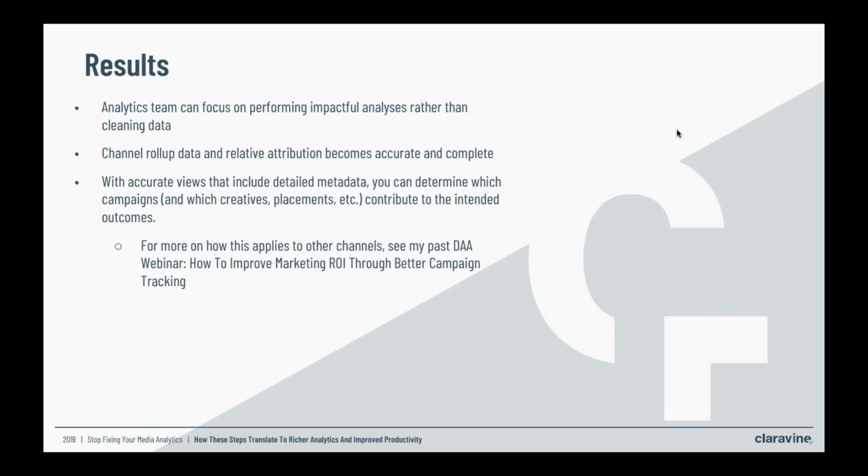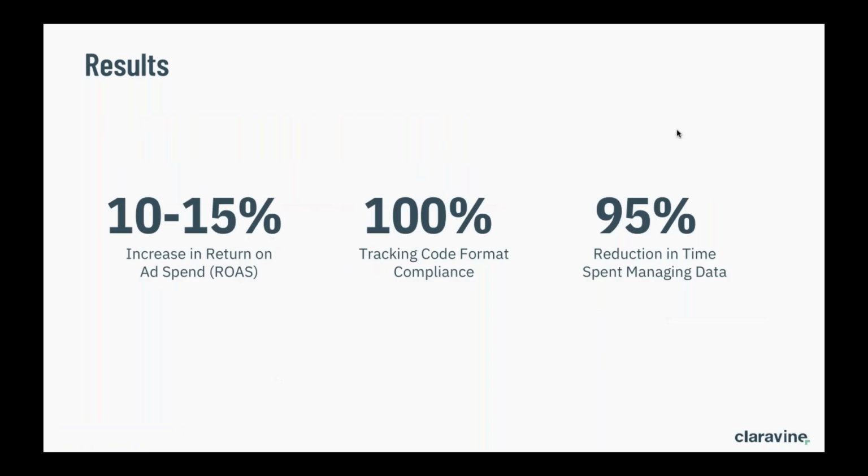And in terms of applying this across channels beyond the ones that we just described, there's also a previous webinar on how to improve marketing ROI through better campaign tracking, where we go into detail on some of the additional platforms.